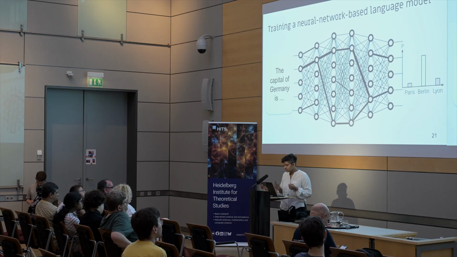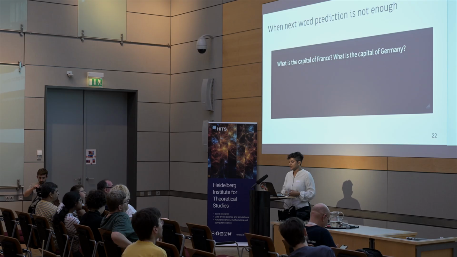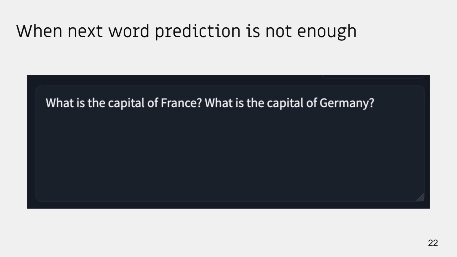Now, unfortunately, next word prediction is not actually such a great and useful language model in the same way that ChatGPT is. So it's not useful in practical scenarios. So let's just look at an example of what that looks like. If I type to a language model that has been pre-trained on next word prediction, what is the capital of France? What is the capital of Germany?